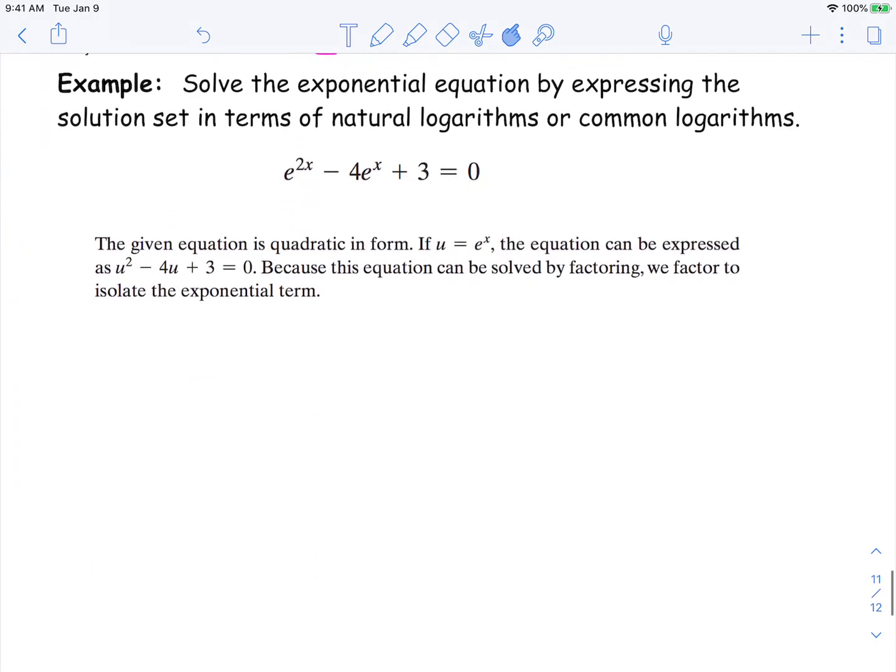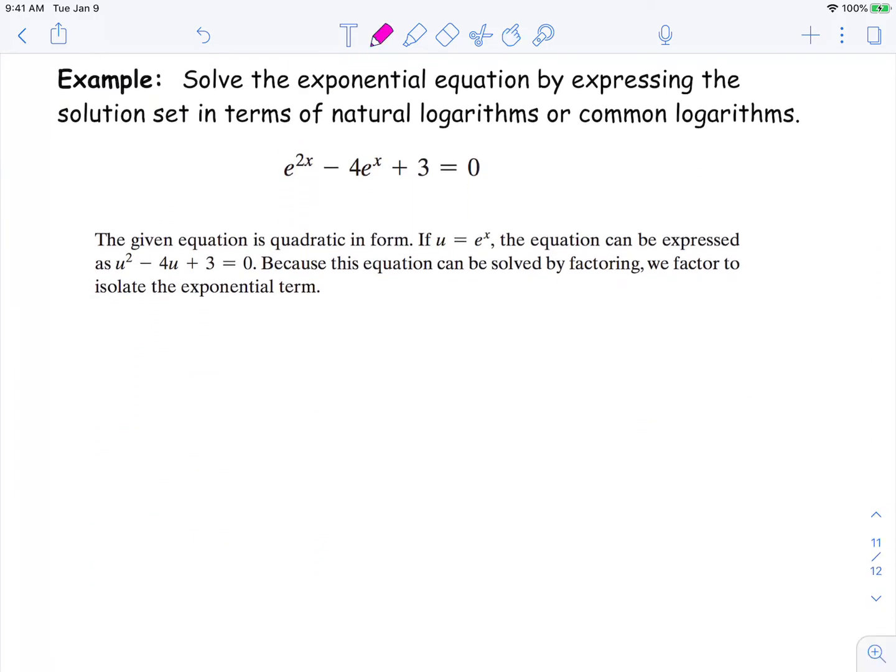All right, solving again for an exponential equation using the natural or common log. So we have an exponential equation. This is what we consider a quadratic form. And we're going to use substitution.